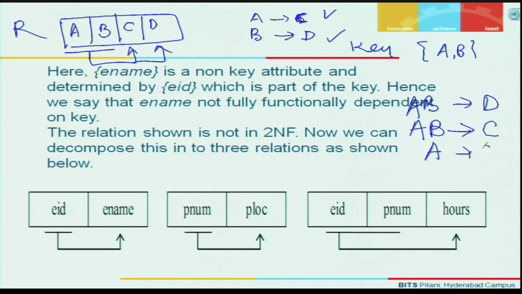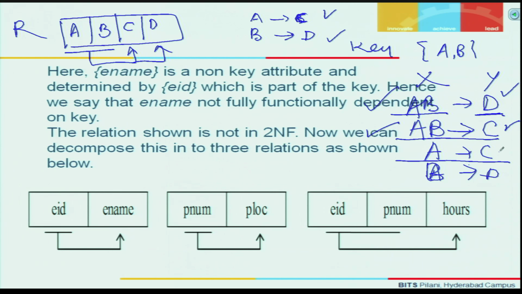A determines C and B determines D. Now, AB determines D: the X component is the key and the Y component is a non-key attribute completely determined by the key. Yes, it is in second normal form. If you look at AB determines C, C is a non-key attribute completely determined by the complete key, so it is also in second normal form.